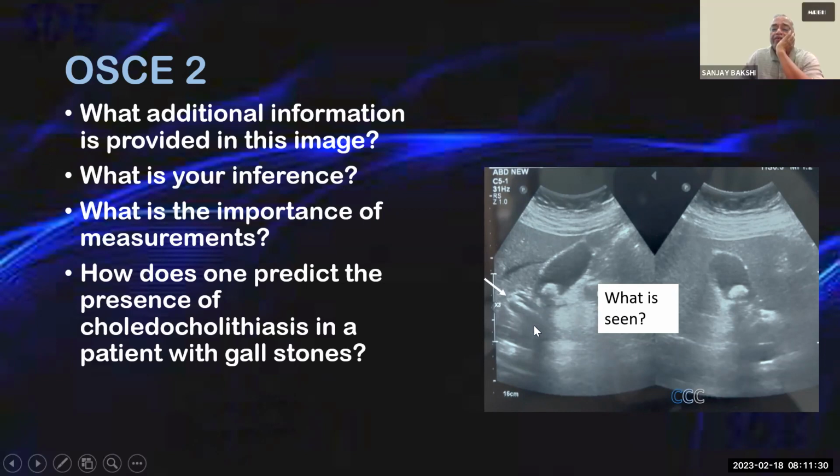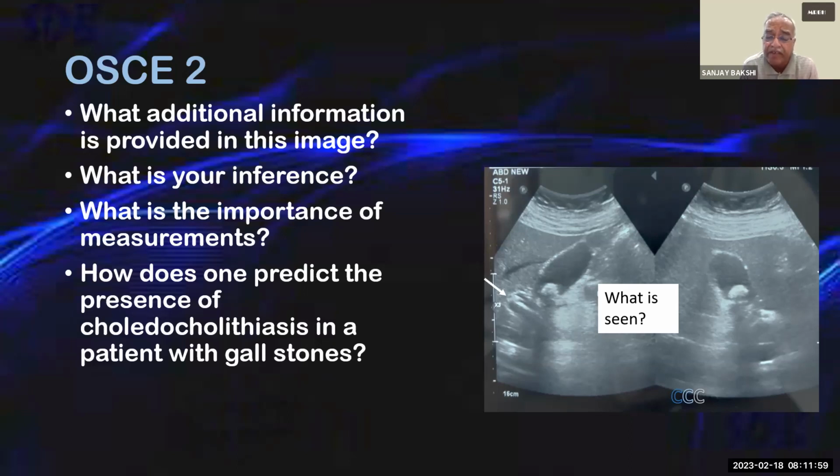So you have a double-barrel structure with one structure narrower than the other. The next question is the importance of the measurements. As Professor Shah quite rightly said, 3 to 5 is the usual size of the bile duct. Portal vein usually varies from 10 to 12. Beyond 12, we think of portal hypertension. That is the importance of these measurements.